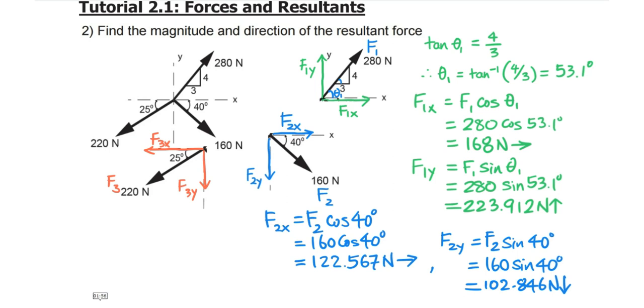F3x equals F3 cosine 25 degrees equals 220 cosine 25 degrees and equals 199.388 Newton pointing to the left.